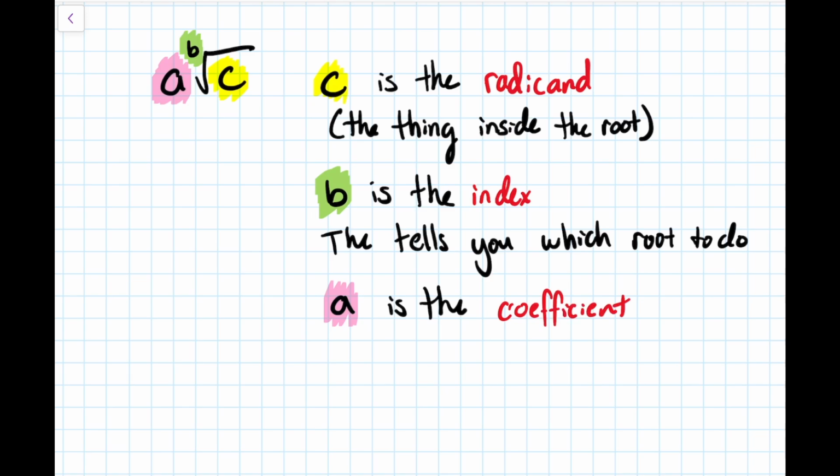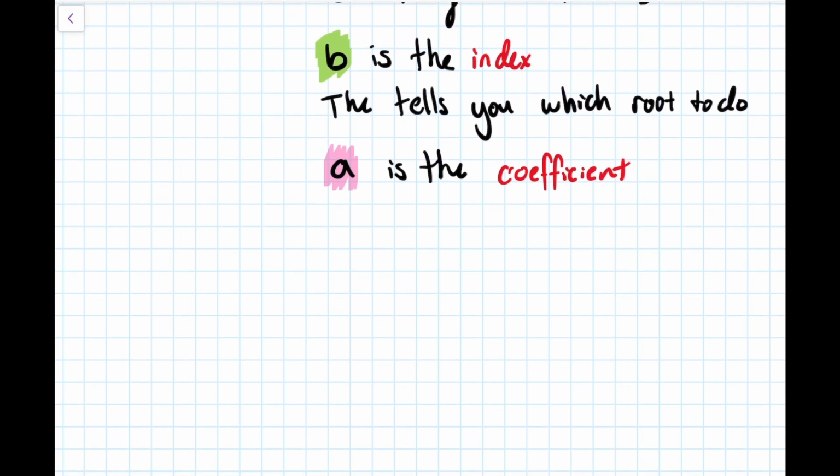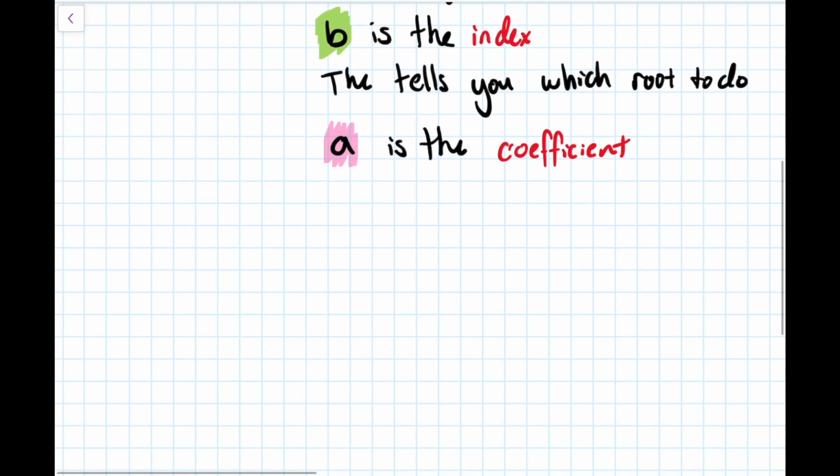All right, so when we're dealing with radicals, there are 2 different ways that we can write them. And this is the thing that you probably would have seen in Math 10. So our radicals can be written as either mixed radicals or entire radicals. And so a mixed radical is a radical with a coefficient.